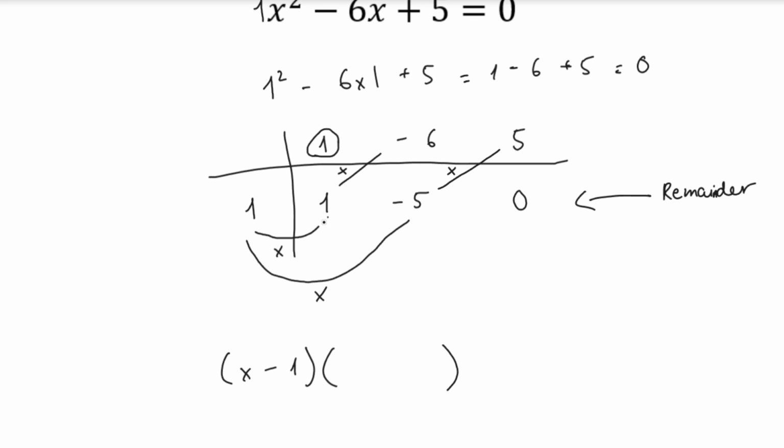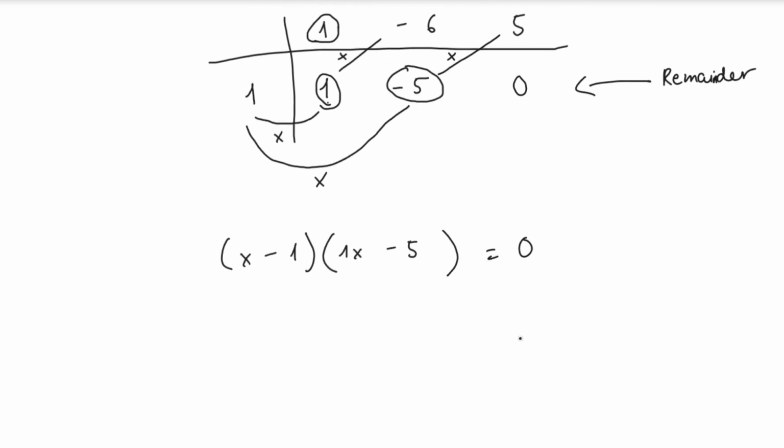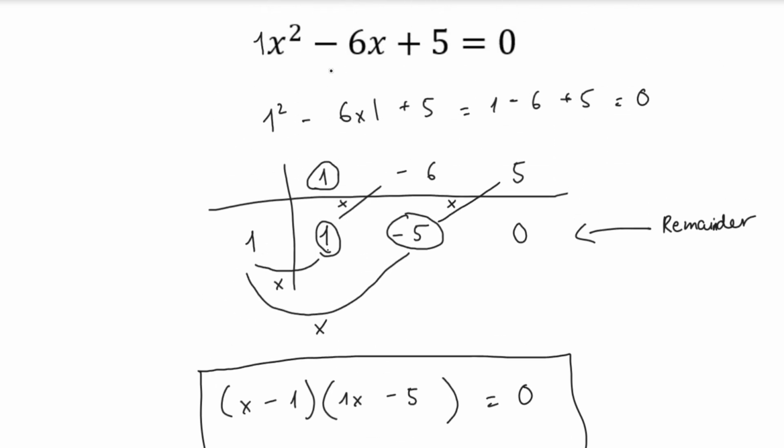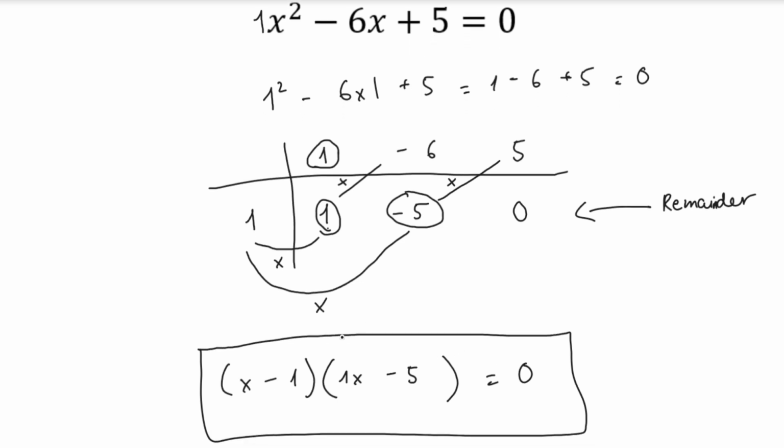We found 1 and -5, so 1 is the coefficient of x and -5 is the constant of the next factor: x - 5. We already factored this polynomial. So x squared - 6x + 5 = 0 means that (x - 1)(x - 5) = 0.